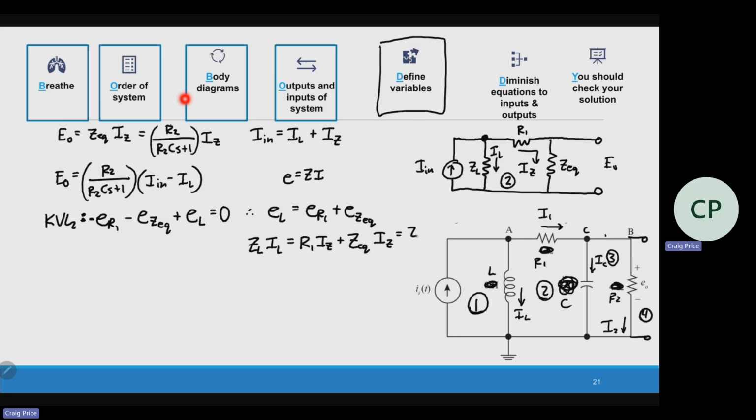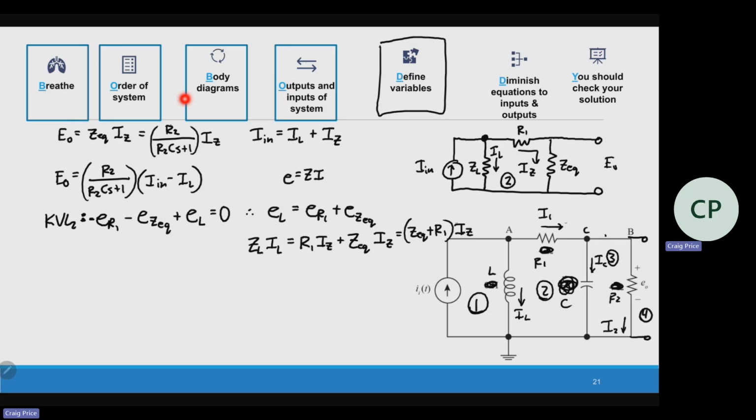So basically we can say Z equivalent plus R1 times I. And now I can solve for IL.